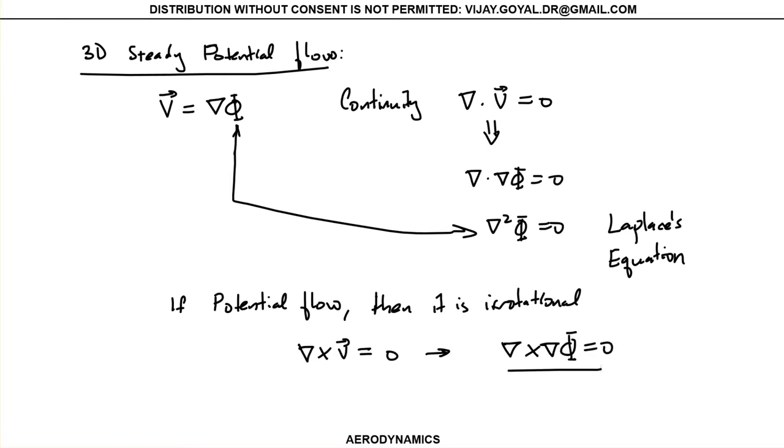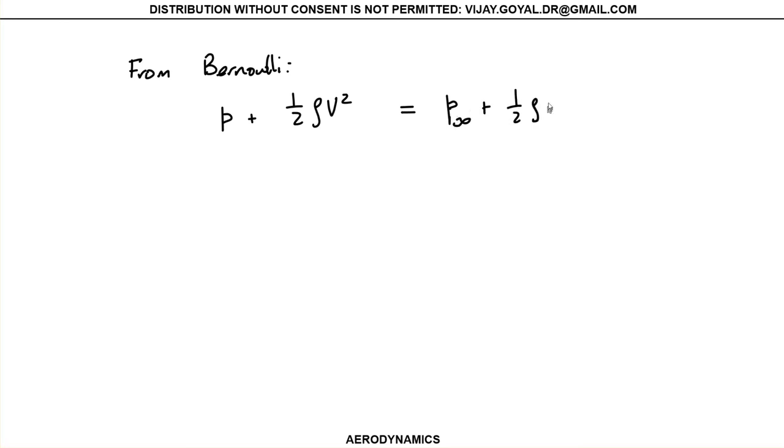Now, if we go to Bernoulli, the equation says that P plus 1/2 rho V squared is going to equal P infinite plus 1/2 rho V infinite squared. Remember, Z is equal to Z infinite, so we can cancel that out.